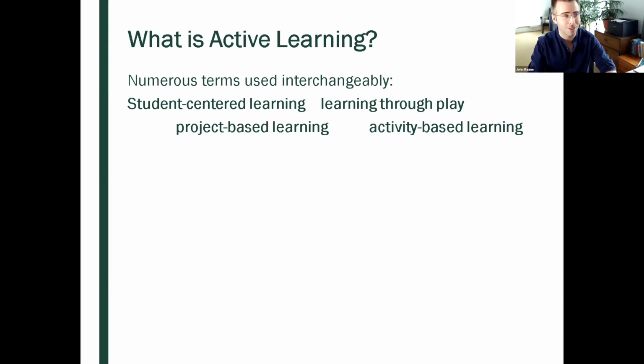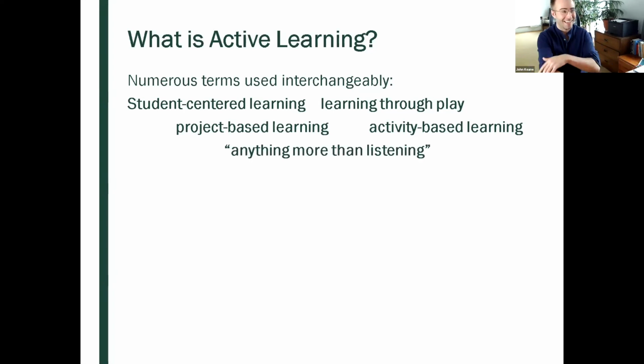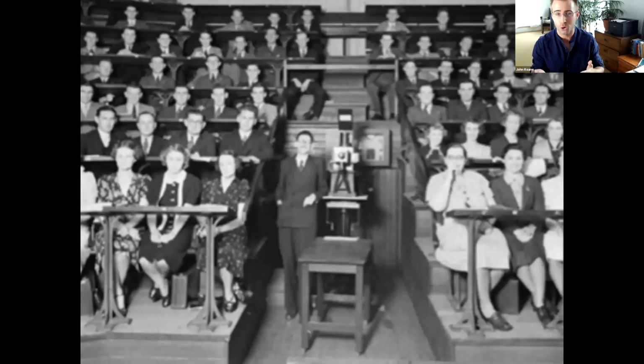I've got a colleague who jokingly says that active learning is anything more than listening. That worries me a little, because when I'm teaching my introductory stats courses, I'm worried that listening might not even be happening at all.